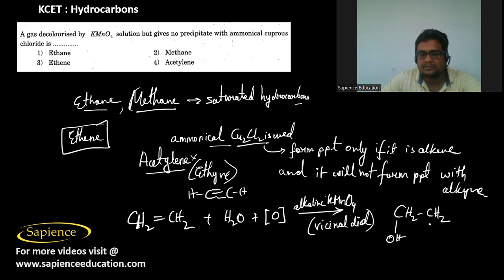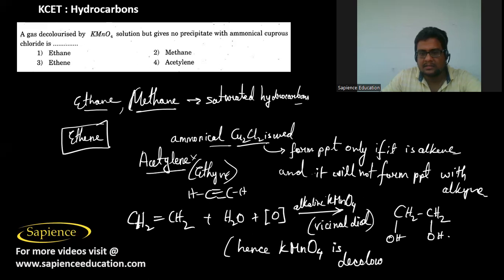So the alkaline KMnO4 is decolorized. And as we have said, ethene will not form a precipitate with ammoniacal cuprous chloride. So option 3 is the correct answer, which is ethene.